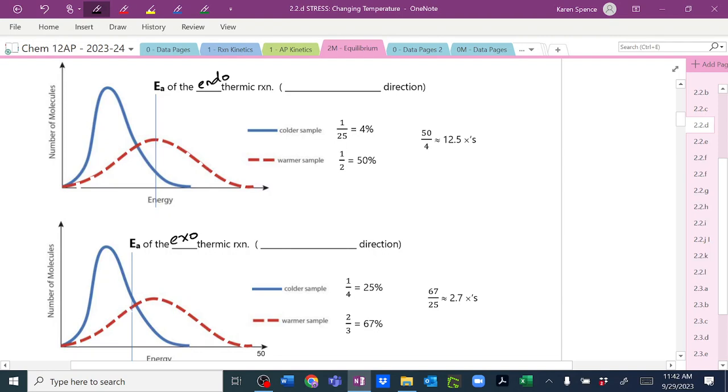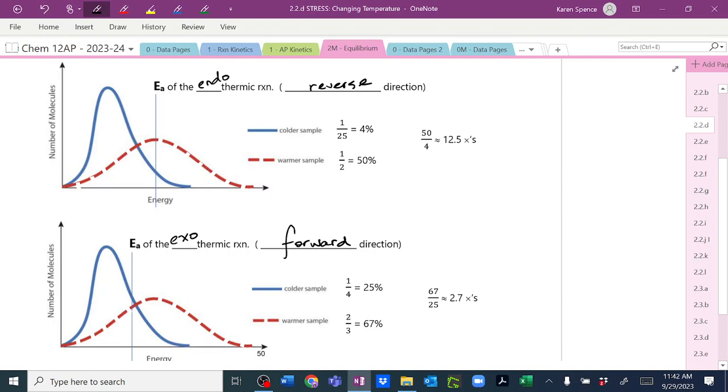And the exothermic reaction is the forward, and the endothermic is the reverse. Now, I approximated what percentage we have that actually meets the minimum energy required.